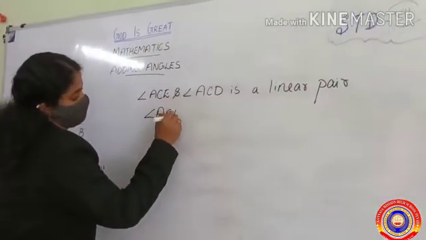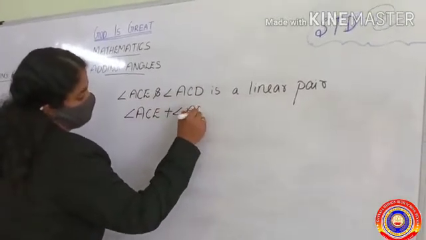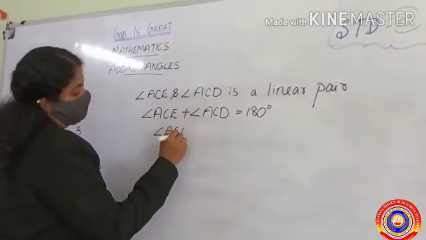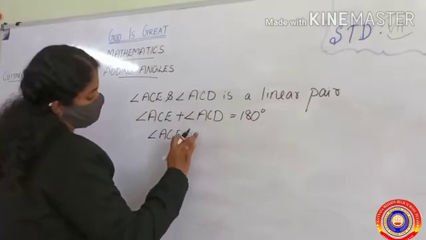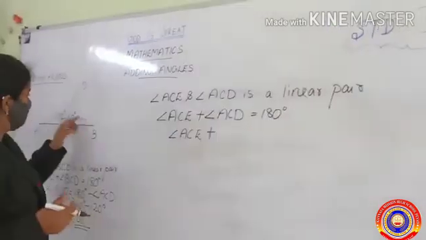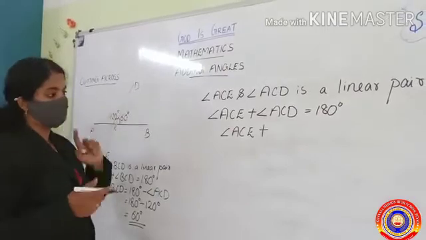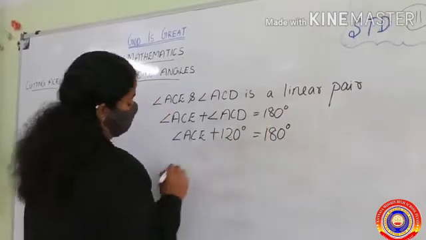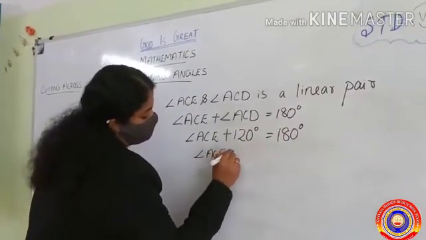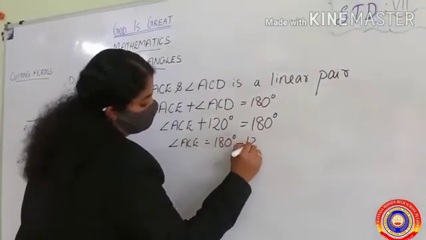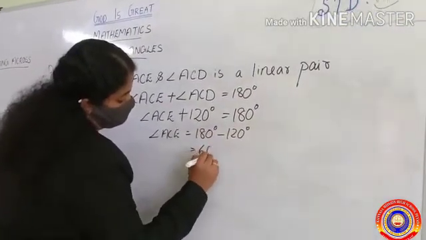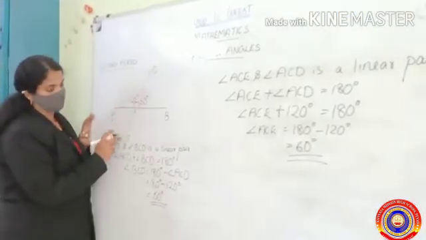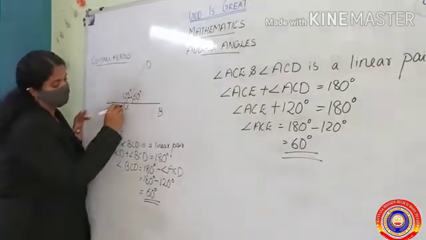Angle ACE plus angle ACD, angle ACD is 120 degree, is equal to 180 degree. So angle ACE is equal to 180 degree minus 120 degree. 180 minus 120, 60 degree. So here we got the angle ACE as 60 degree.